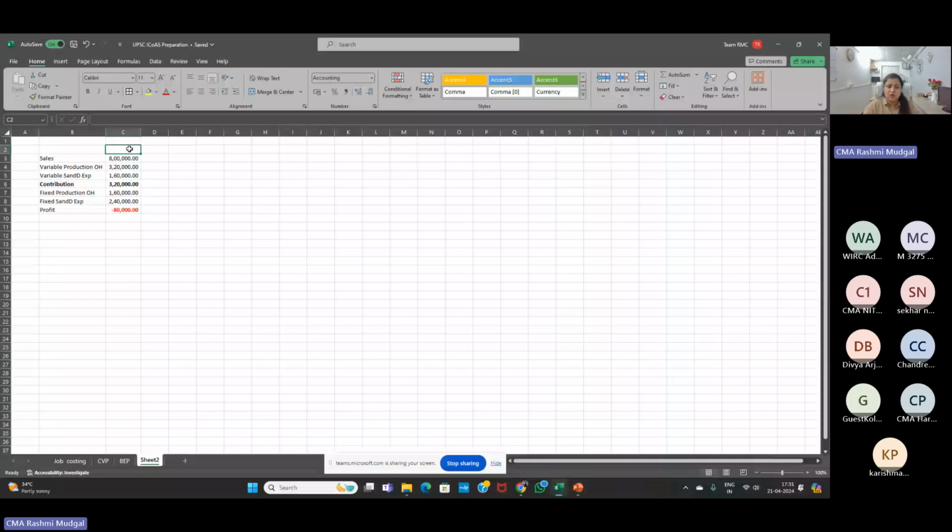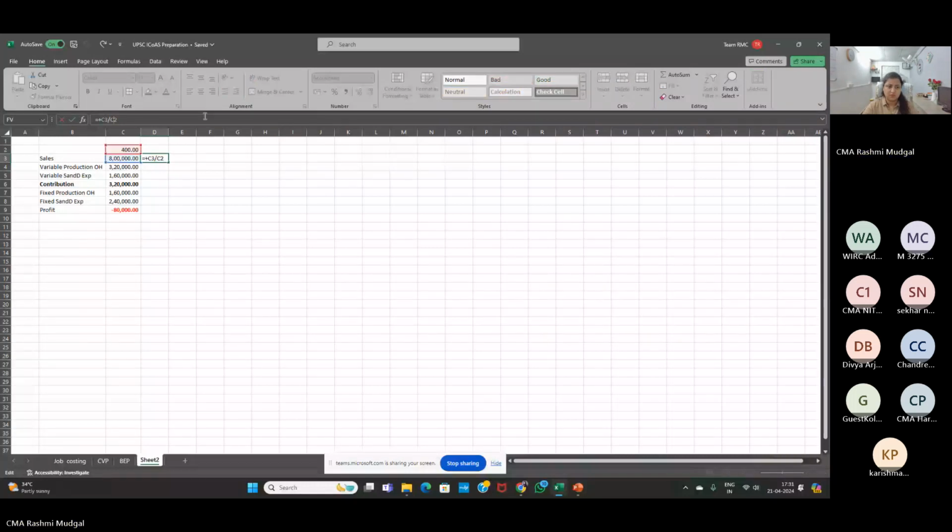If I calculate the price per unit, it is 2000, and if my variable production overheads were 400 per unit, I am making a loss of 200 rupees per unit in the case of 400 units of production.